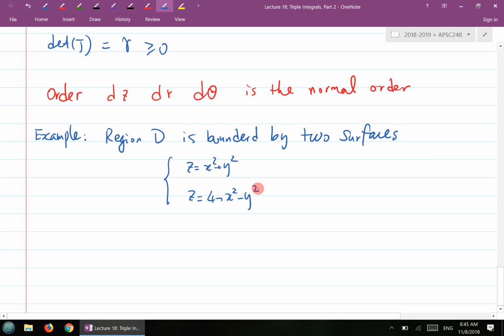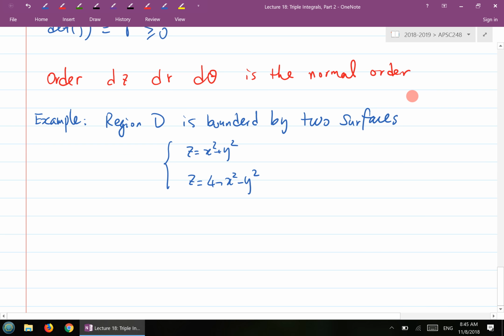Here we have 2 surfaces bounding this region D, and I want you to be able to sketch these kinds of things. You need to be very familiar with this once you practice, because we have written this kind of surface quite a lot, especially the first one, z equal to x squared plus y squared.